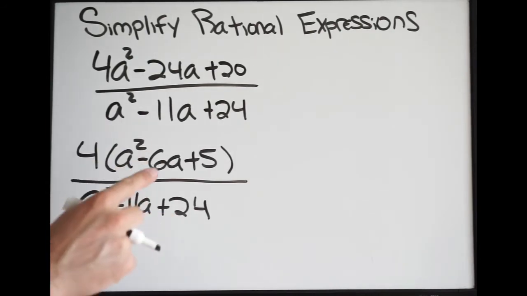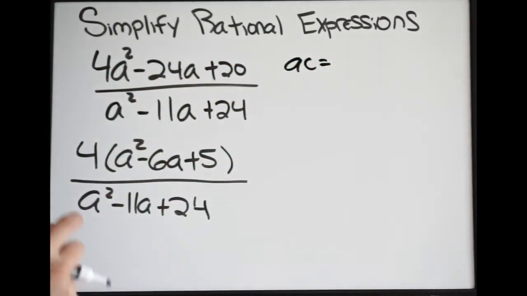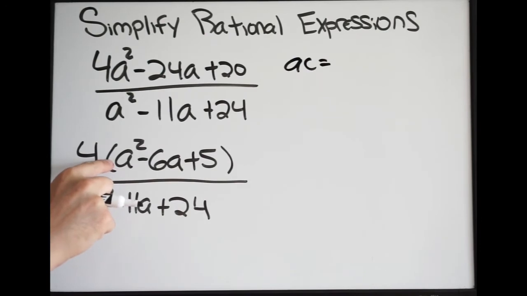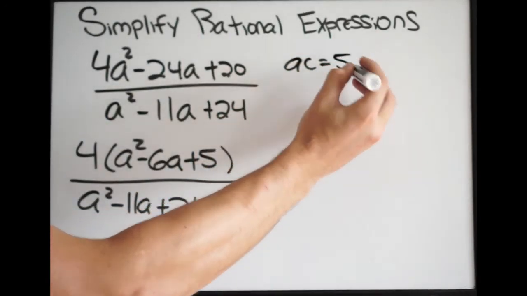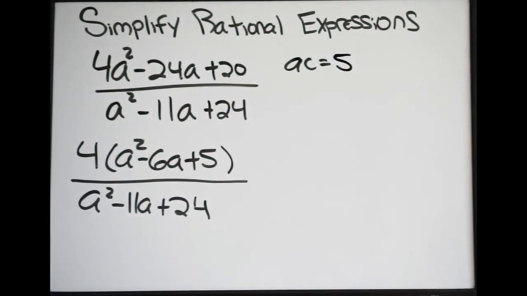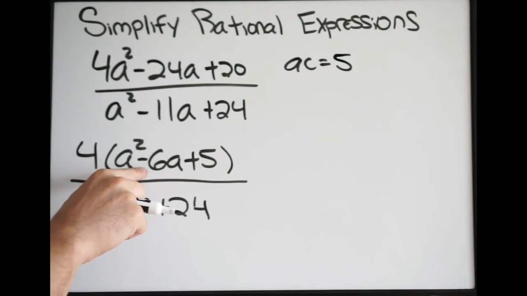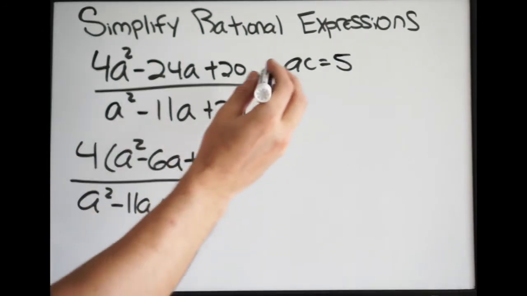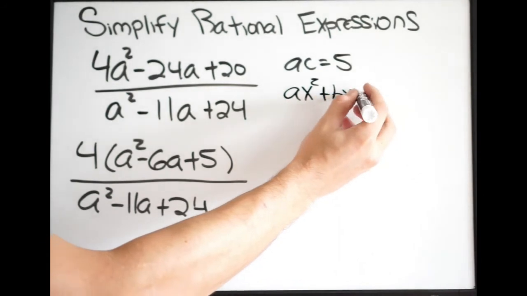Okay. So using a times c, let's work on the numerator. So a is going to be 1. C is going to be 5. When I multiply the two, I get 5. And we say to ourselves, what two numbers when we multiply will give us 5, but add up to our b, which is negative 6. Again, this is going back to ax squared plus bx plus c.